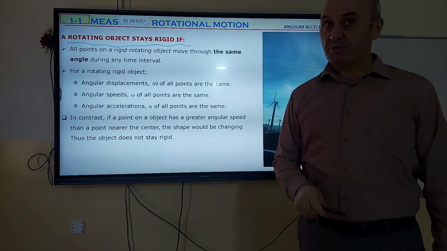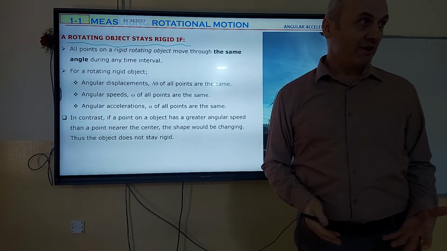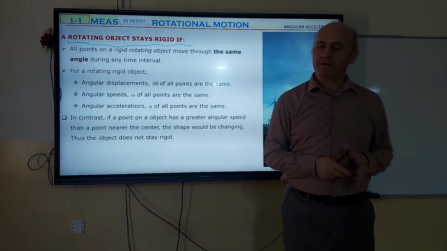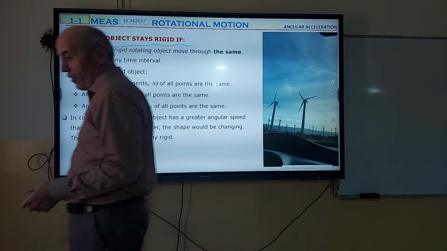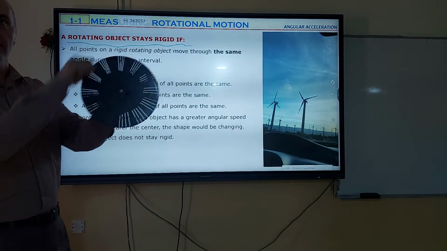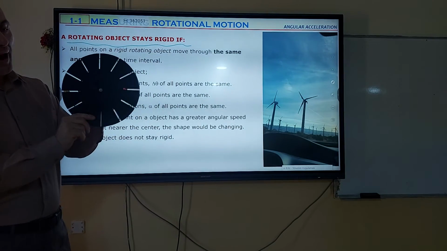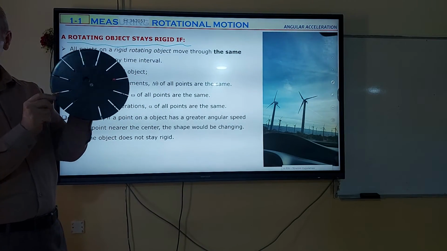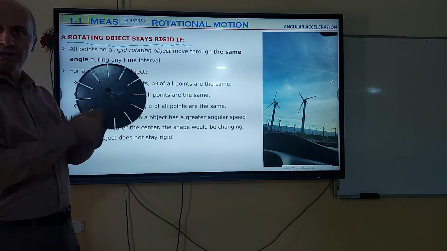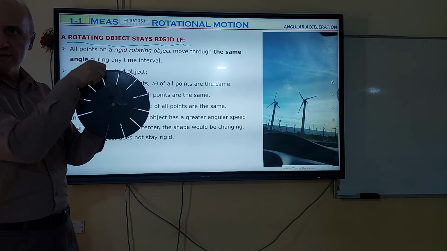Rotating object stays rigid. What does rigidity mean in physics? The object's shape doesn't change while it is rotating. Like this disc, when one of the papers here, the orange and the pink one, completes one rotation, the other one also completes one rotation.